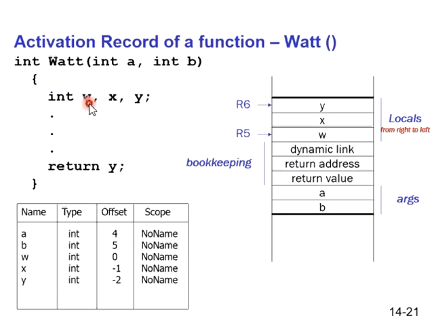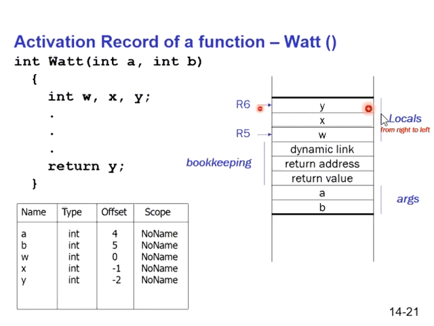Here you have the names A, B, etc. Inside the activation record, you have the frame pointer pointing to the region storing the local variables, which now points to the top of the stack for the activation record.